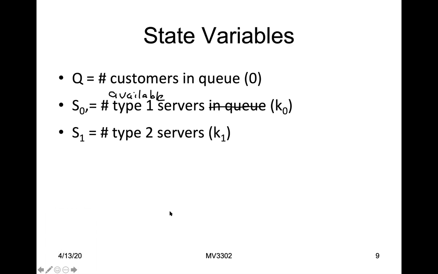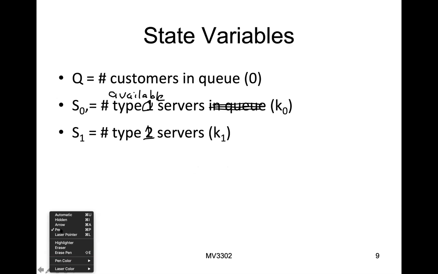Okay, so S0 would be the number of available type 0 servers, and S1 the number of available type 1 servers. S0, the number of available type 0 servers, is initially K0, and S1, the number of available type 1 servers, is initially K1.